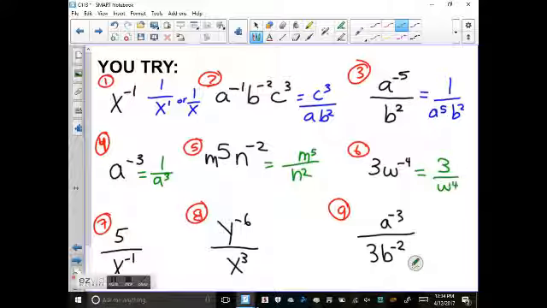So for number 6, really pay attention to that because the only thing that needed to move was this guy right here. It's the only thing with the negative exponent. The only thing that needs to move is that guy down there. You don't need to write the power of 1 if you really want to, fine, but it's unnecessary. This guy needs to go down.